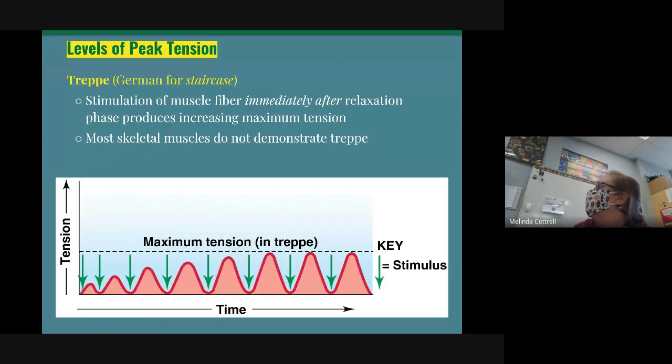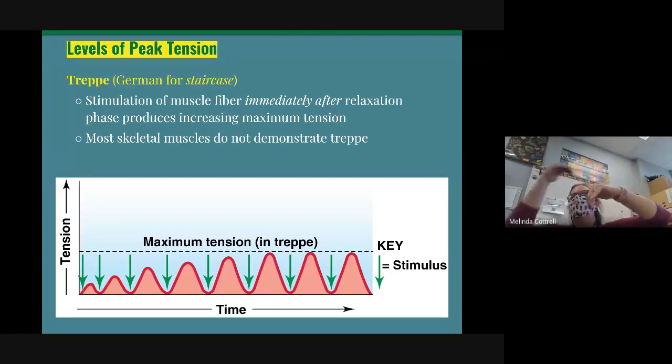The green again is the stimulus, so you have a stimulus right after each relaxation phase. We have the latent period, contraction, relaxation, another stimulus, contraction, relaxation, another stimulus. It looks like a slightly growing set of waves, like a staircase, but very gradual.